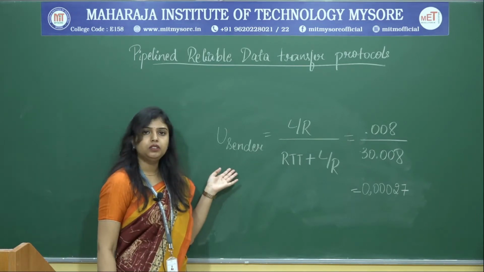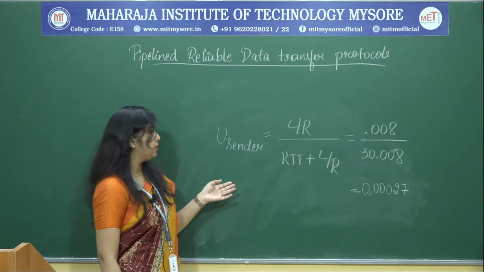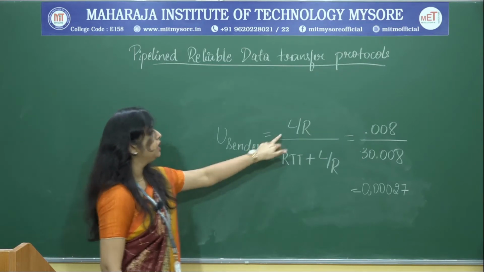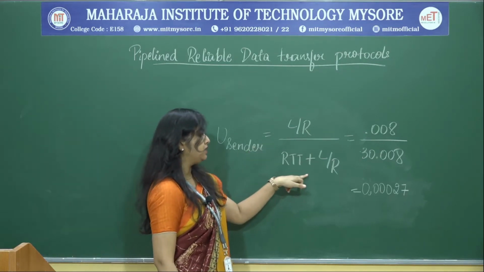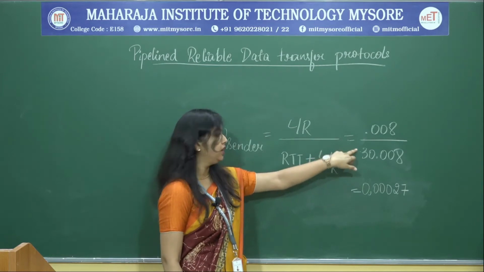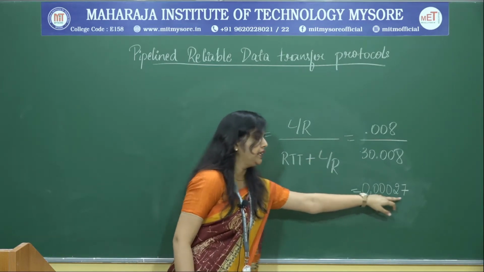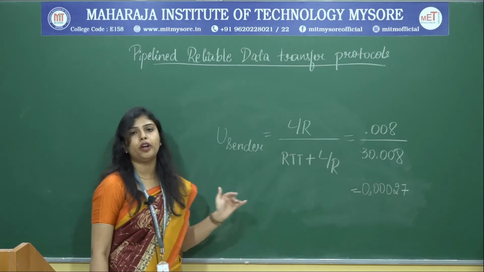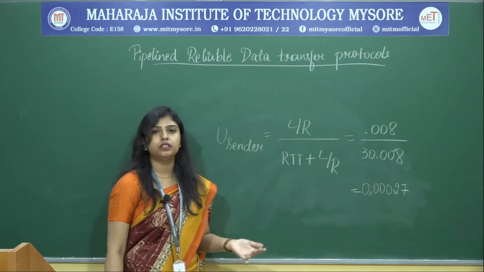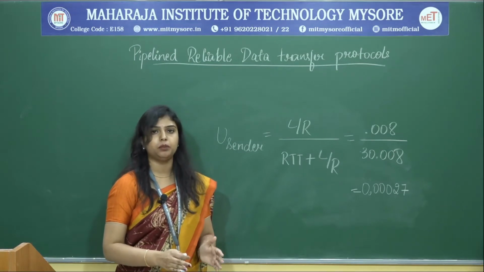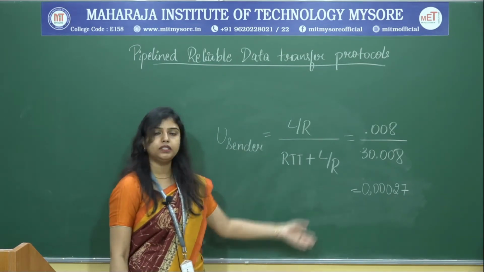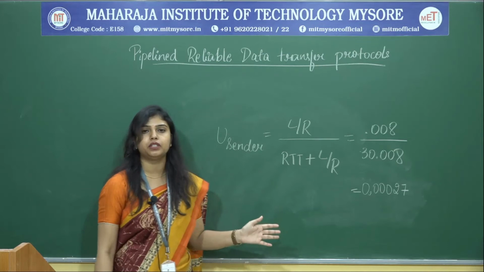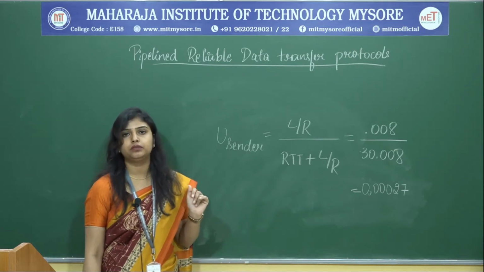The formula to know the utilization time of a sender is U sender equals (L/R) / (RTT + L/R), which comes out to be 0.027%. That means the sender was only utilizing 2.7 hundredths of 1% of the time. That means all the time it was simply waiting to receive the acknowledgement.